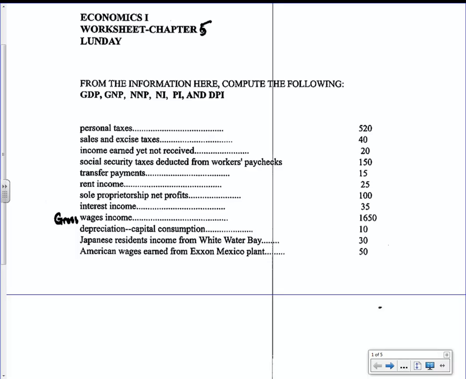Now, the income formula is given as wages plus interest plus rents plus profits, and those profits are coming from sole proprietorship, partnership, and corporations.